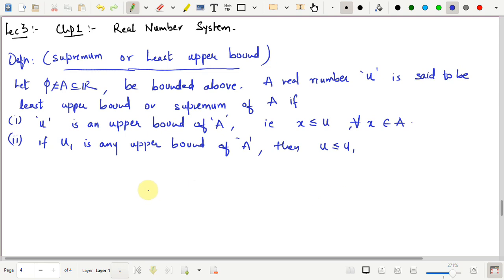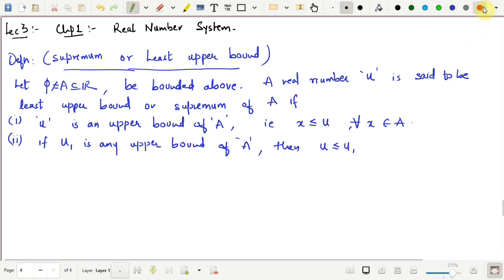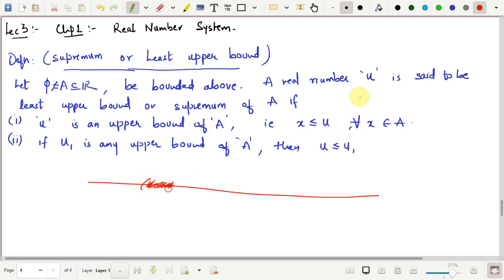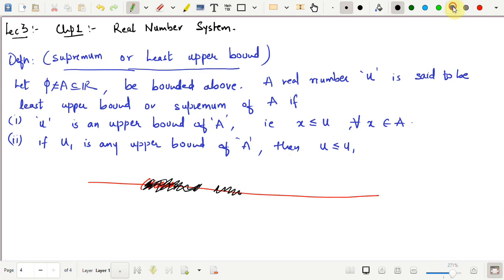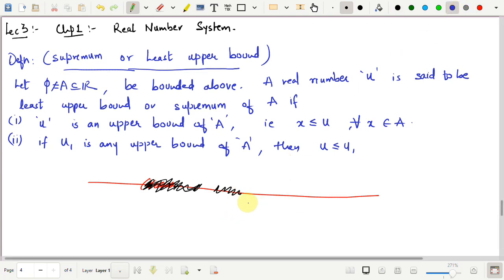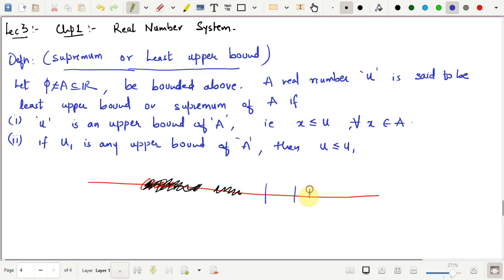Basically here you are given a real line, and suppose this shaded part is the set, and the upper bounds will always lie somewhere over here.